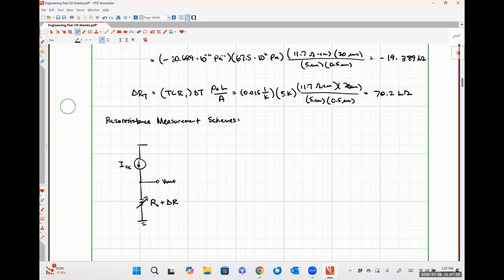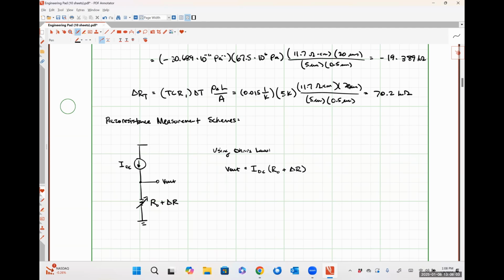Okay. So we can look at our output signal just by using Ohm's law, right? Using Ohm's law, we would see that our output voltage V out is nothing more than our DC current I DC times the resistance R naught plus delta R. So that's the voltage that we're going to see at the output of our system.